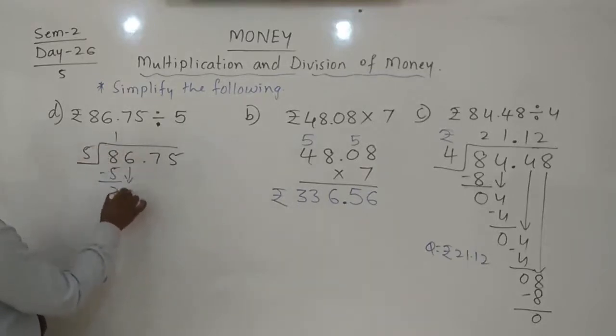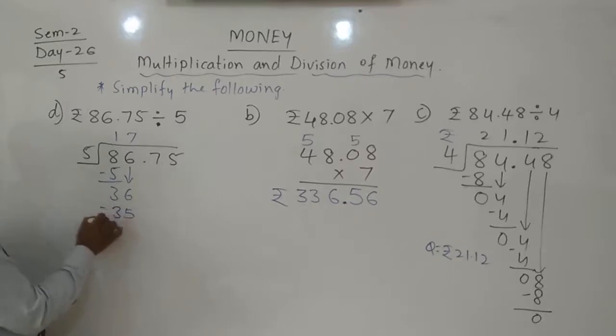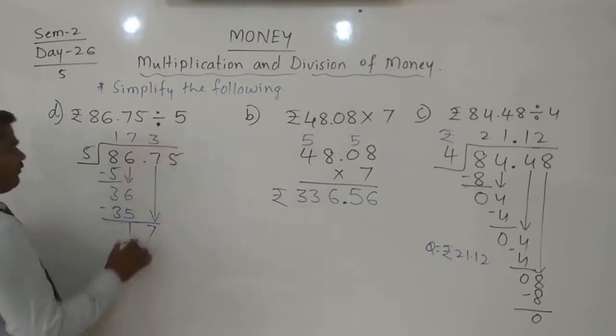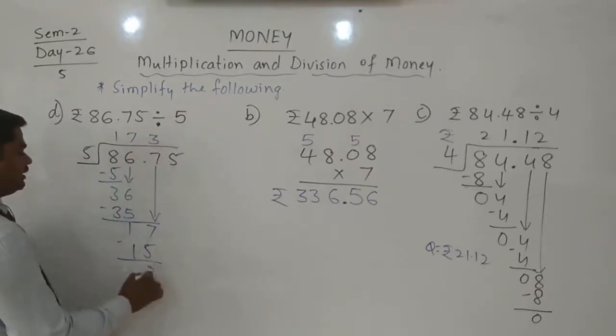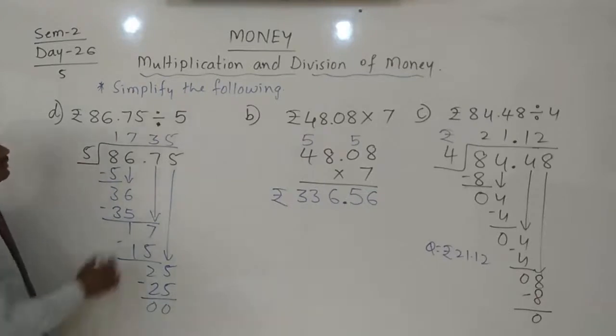Bring down 6. 5 sevens are 35. Then 1 remains. Bring down 7. 17 now. 5 threes are 15. Then 2 remains. Bring down 5. 5 fives are 25. Then where is the decimal?